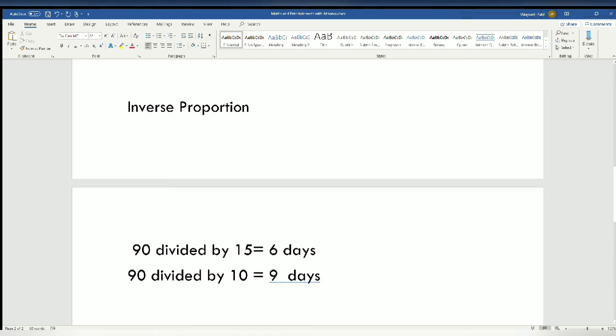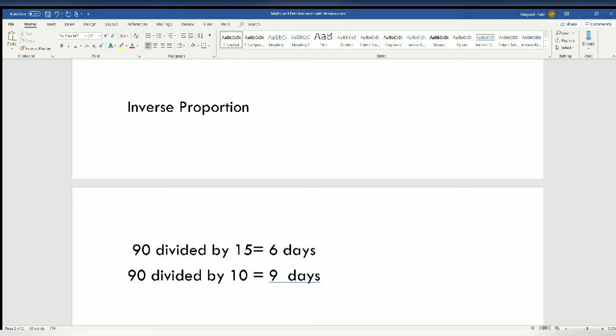Are the number of days and the number of volunteers in direct proportion? Comment down below. If the number of volunteers decreases, more days are required. And if the number of volunteers increases, fewer days are required for the job. However, the product of the number of days and the number of volunteers remains constant. We say that these numbers are in inverse proportion.